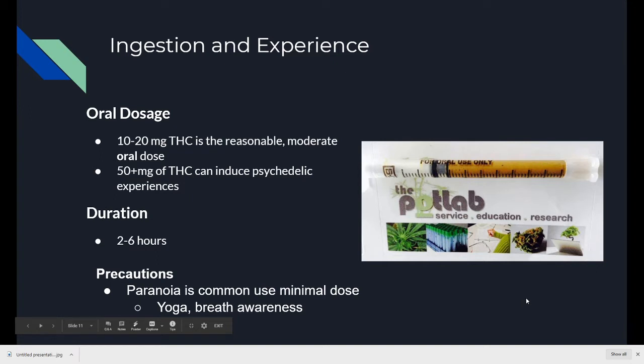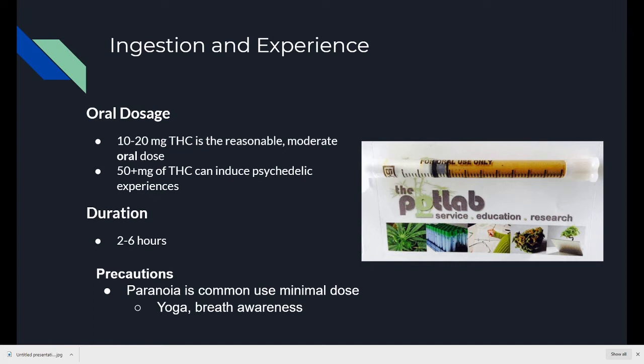Now, once you go over 50 milligrams of THC, depending on who you are and what your tolerance is, that's about where you start inducing psychedelic experiences. And these psychedelic experiences can last from 2 to 6 hours and involve some paranoia. So it's important to practice breathing exercises, yoga, Pilates, meditation, or whatever really calms you down.